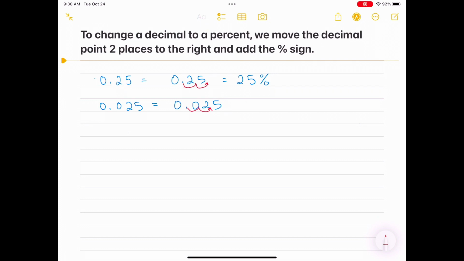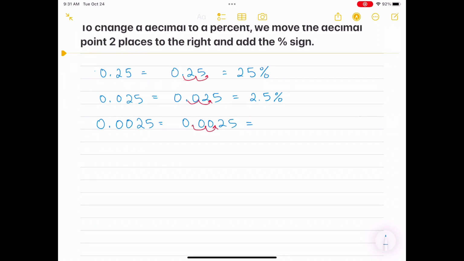We take the decimal point and move it 2 places to the right to end up with 2.5%. Similarly, the decimal 0.0025, or 25/10,000ths, written as a percent, we take the decimal point, move it 2 places to the right to end up with 0.25%.